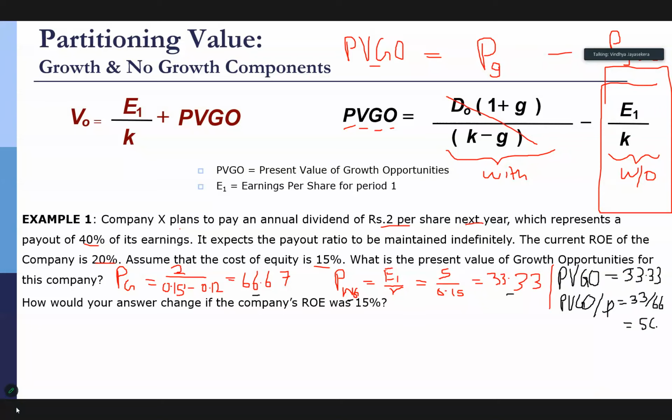So 50% of the value of my share, the price that I'm paying, comes from the growth opportunities that I have priced in my valuation. If this company didn't grow, it will be worth half the price. But given the growth opportunities that I have incorporated into my valuation, this company is worth 50% more, or 100% more actually. Right? Any questions?